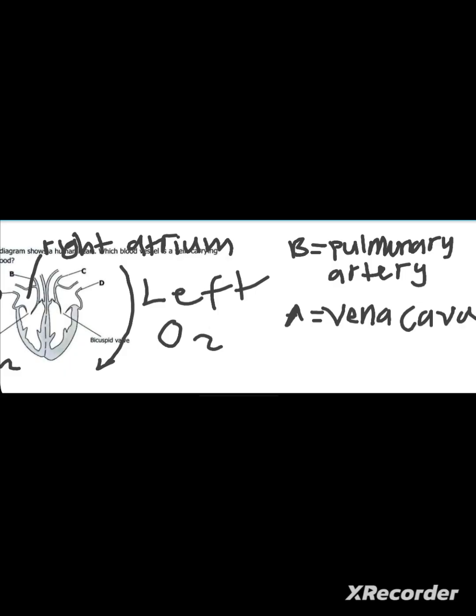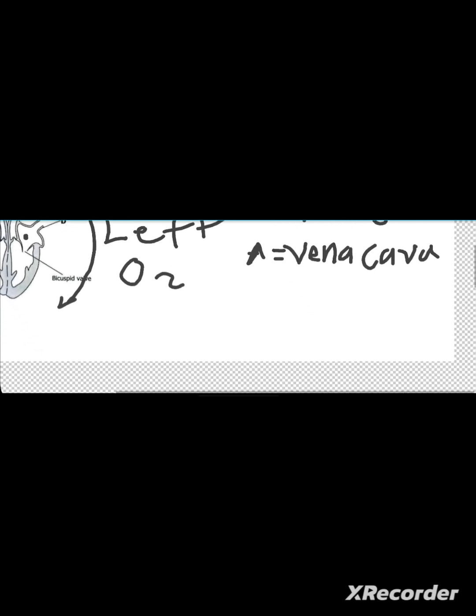The blood will come from the lungs, and because it has oxygen, it has to be returned to the heart via the pulmonary vein. So D is the pulmonary vein.